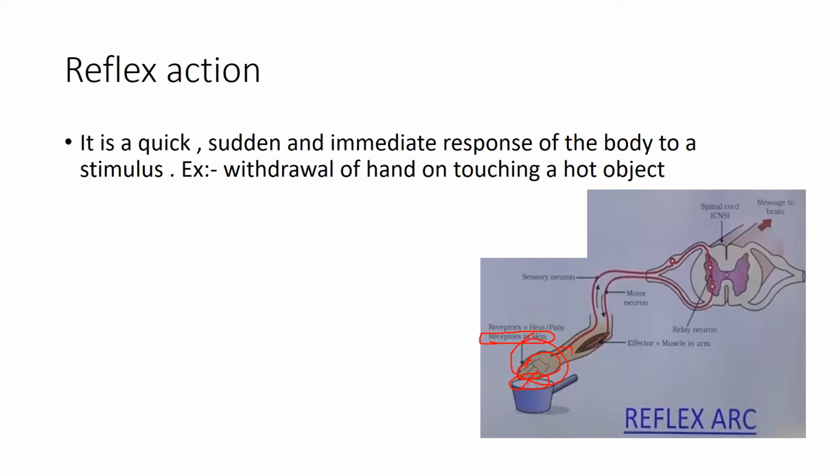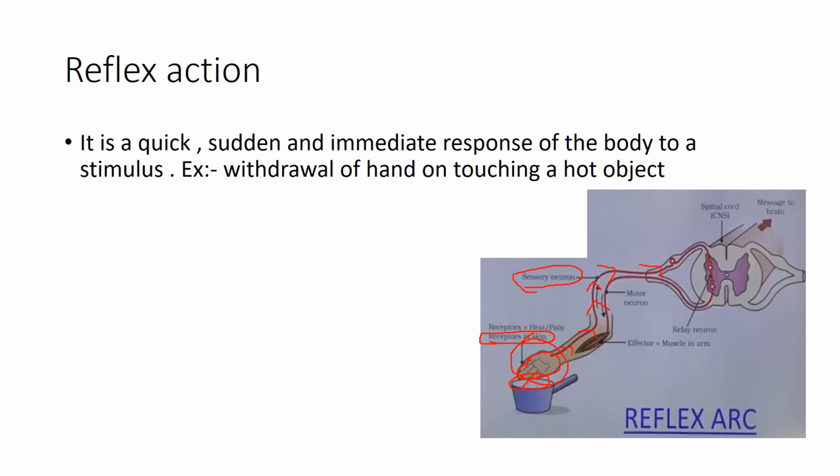And the sensory information goes through the sensory neuron or sensory nerve. Why is it called a sensory nerve? Because it carries the sensory information from the body to the brain or spinal cord. This is the sensory neuron.